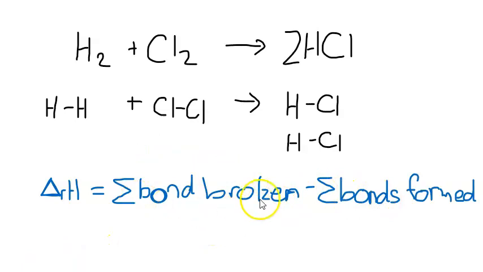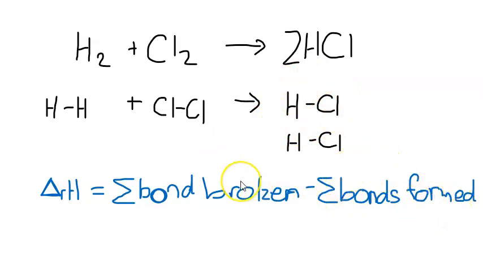So that makes sense because to break a bond, we need to input energy. If we're breaking a bond, we're inputting energy for these hydrogens to have enough energy to break apart into their own individual atoms. So that requires the input of energy. And then when new bonds are formed, energy is released, and so we've got a negative number for the change in enthalpy.